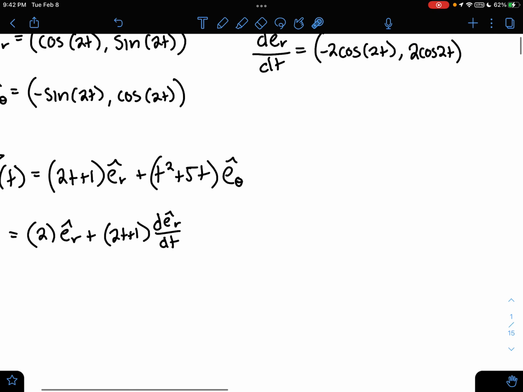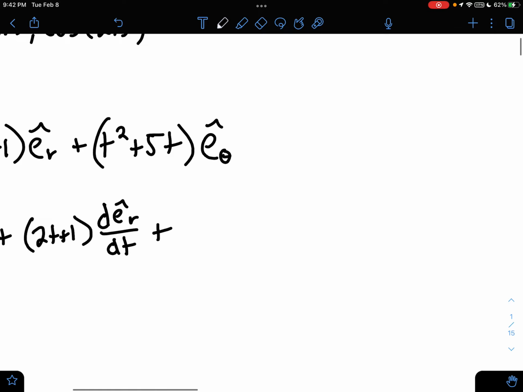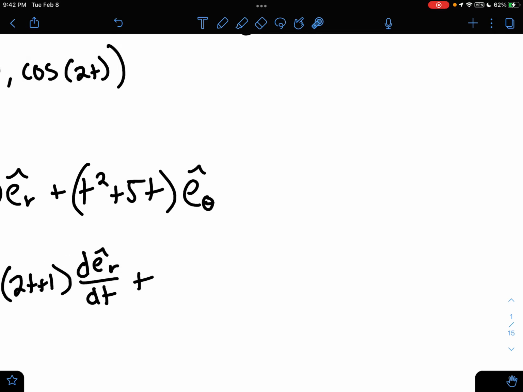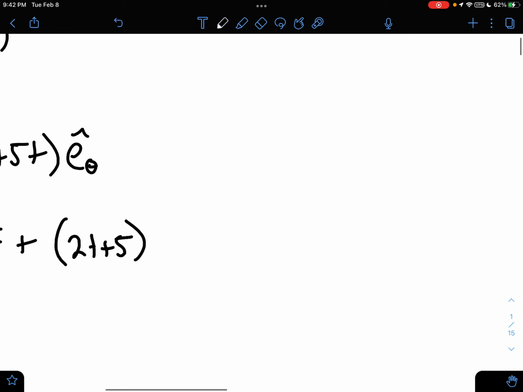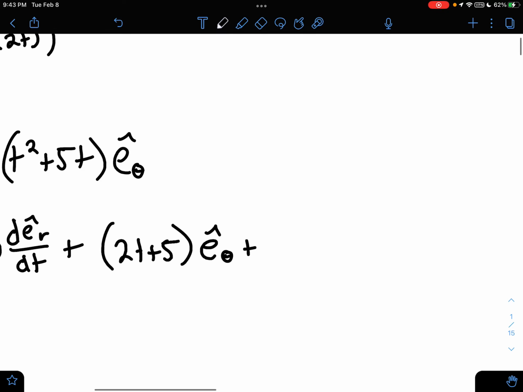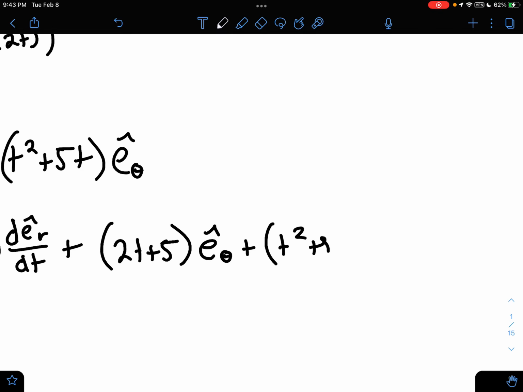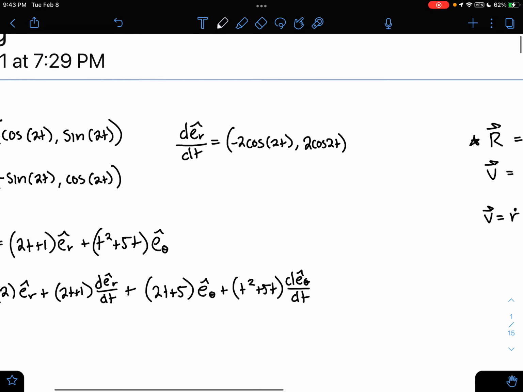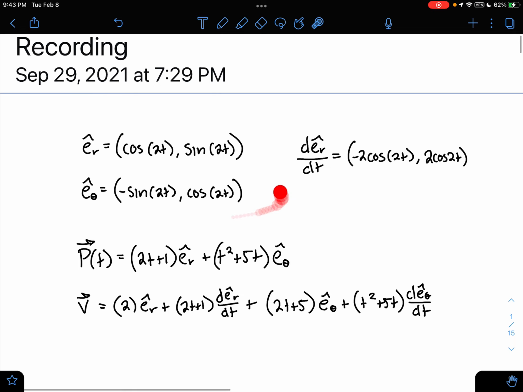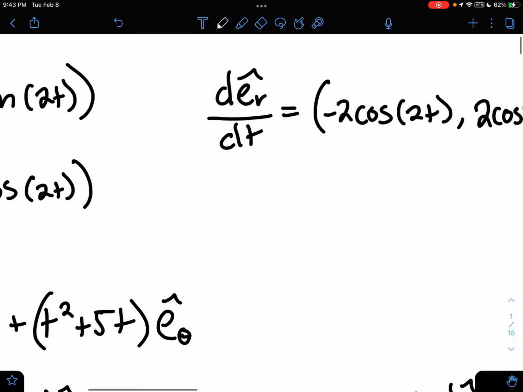Wonderful. And we're still adding this. We have to product rule this now, too. So it's going to be (2t plus 5) times e hat theta plus (t squared plus 5t) times d e hat theta dt, which again, we're going to have to take the derivative of with respect to time. So I'm going to do that real quick.